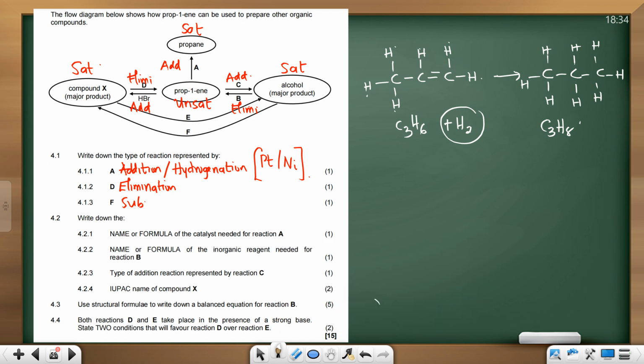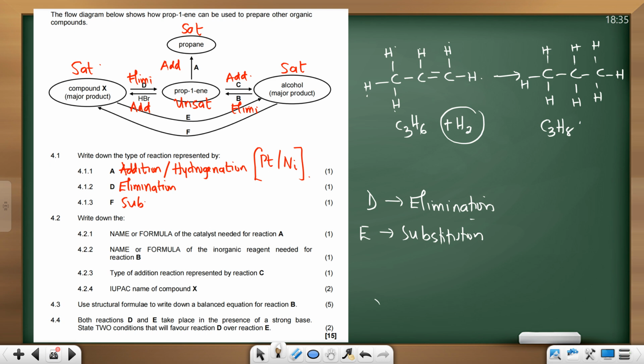What do you notice about reaction D? What did we say reaction D is? Elimination, right? What about reaction E? Substitution. And both of them occur in the presence of what? Strong base. But state two conditions that will favor D over E.